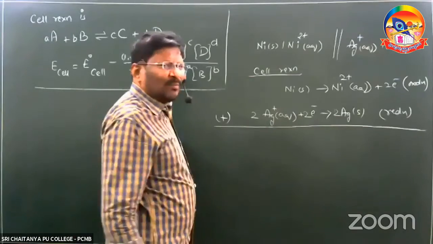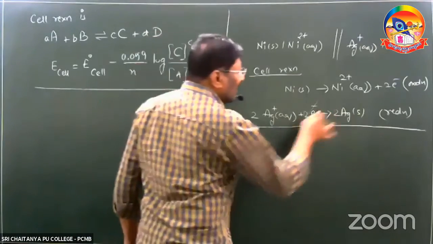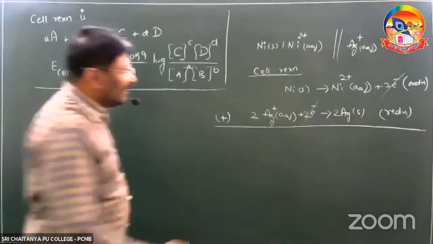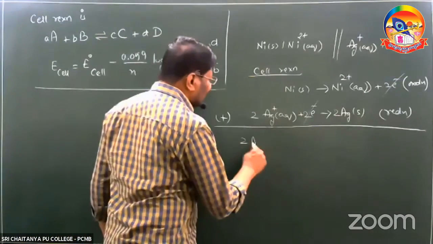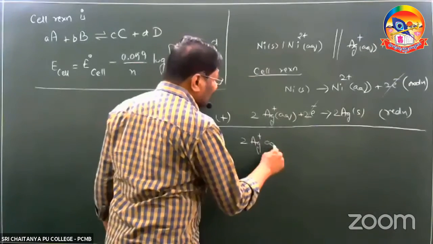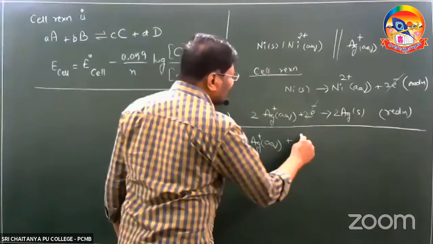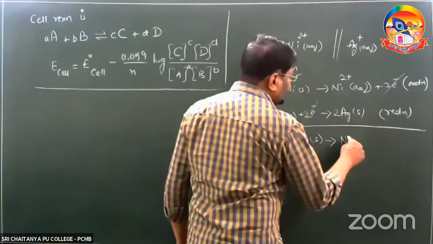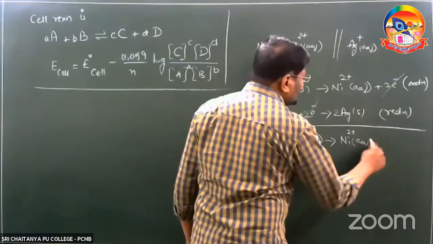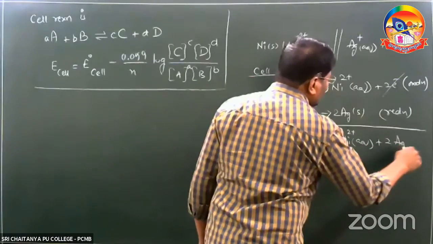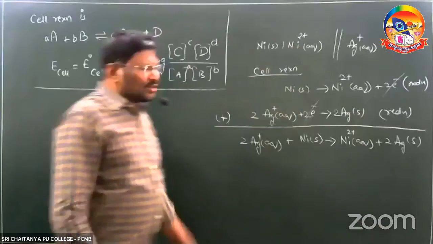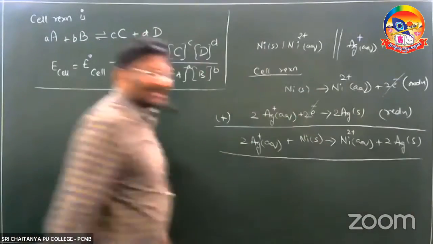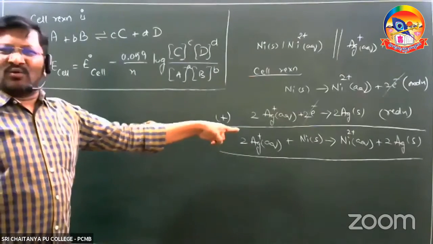The electrons get cancelled on the left side and right side. So we get 2Ag plus aqueous plus nickel solid gives rise to Ni2 plus aqueous plus 2Ag solid. Now this is the cell reaction. So now the cell reaction is obtained.